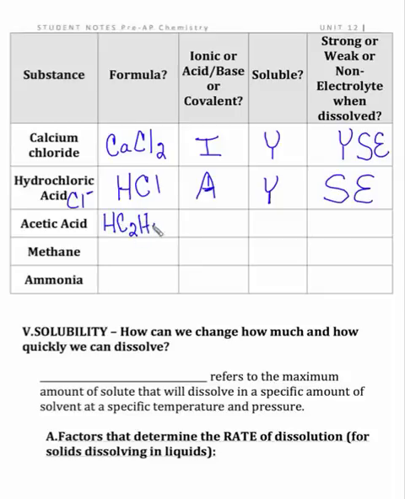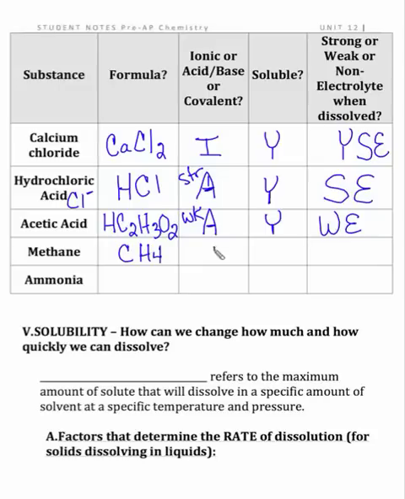Acetic acid, ic came from ate, so that's from acetate, so it's HC2H3O2. It's an acid. By definition, acids have to be in water, but it's a weak acid, and therefore it's a weak electrolyte. So a weak acid is going to be a weak electrolyte. A strong acid is going to be a strong electrolyte.